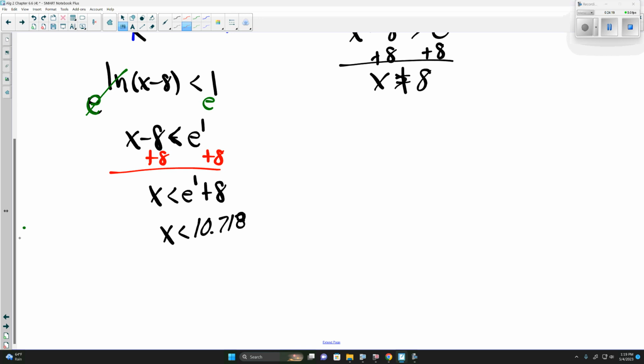This one here is the only one that's really complicated with this. So we have to get rid of 8, which is kind of hard to do with inequality notation. We could do it with intervals, because it'd be negative infinity, comma, 8, union of 8, comma, 10.718 would technically be the solution.